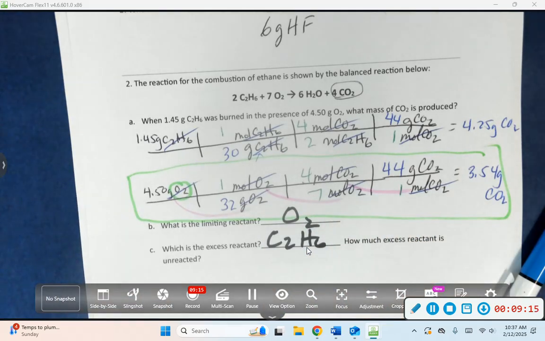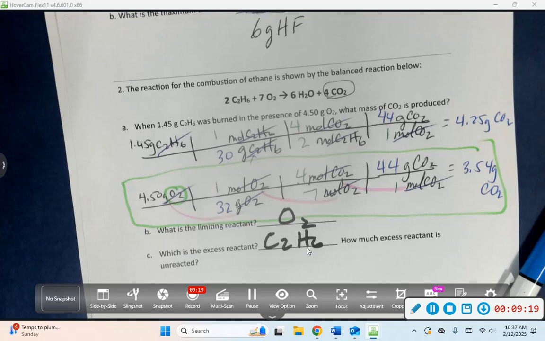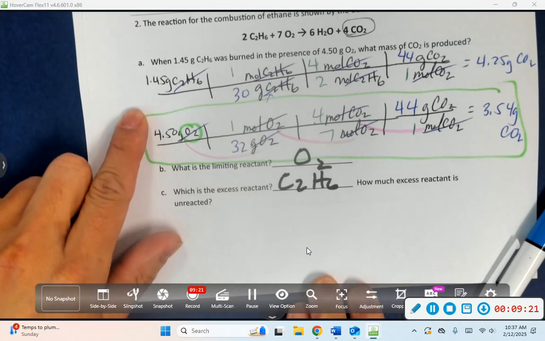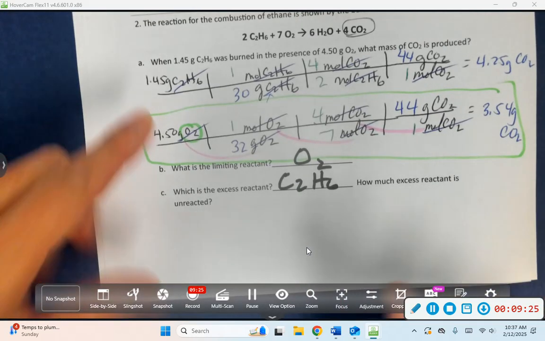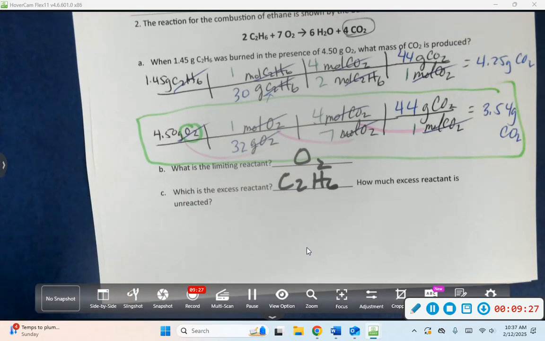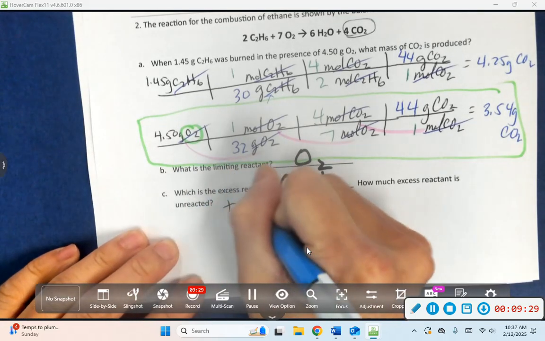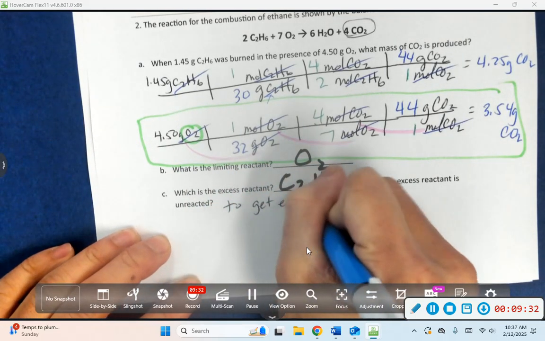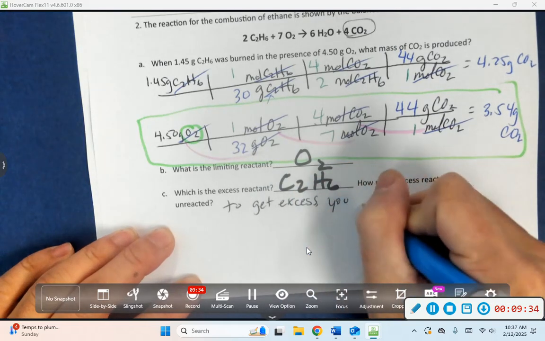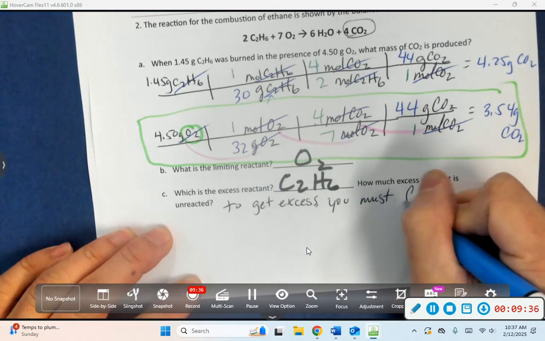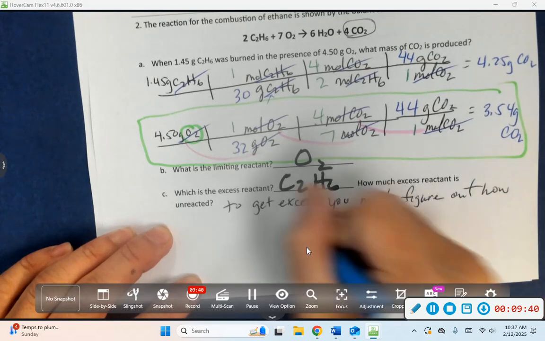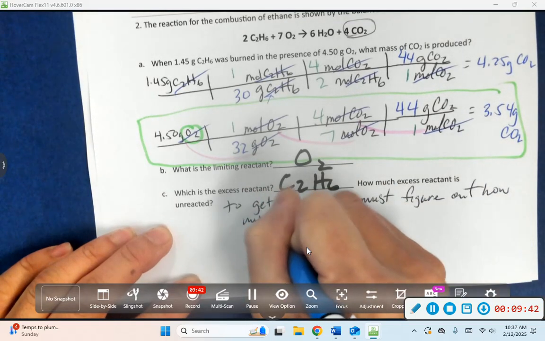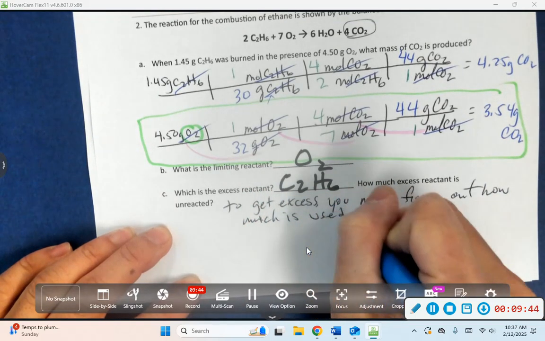Okay. How much? Ooh, how much? Now this is the confusing part. How much excess? So in order to know how much excess, you must figure out, calculate how much is used, right?